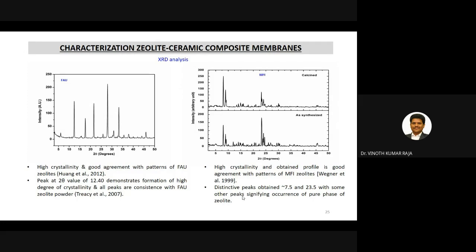In the case of MFI, since the calcination step is required, we calcined as well as synthesized the powder and tested it for XRD. It shows high crystallinity and the obtained profile is in good agreement with the pattern of MFI zeolite, and distinctive peaks obtained around 7.5 and 23.5 with other peaks all signify the occurrence of pure phase of zeolite, the type of zeolite MFI.